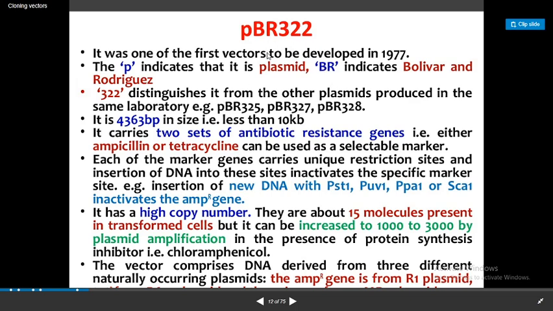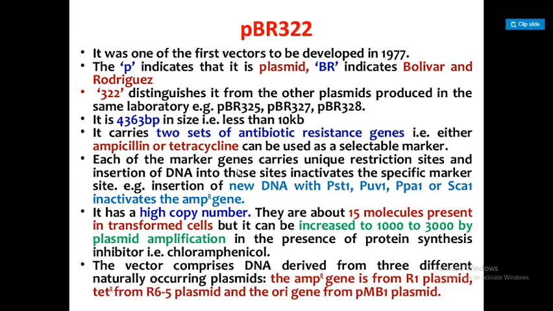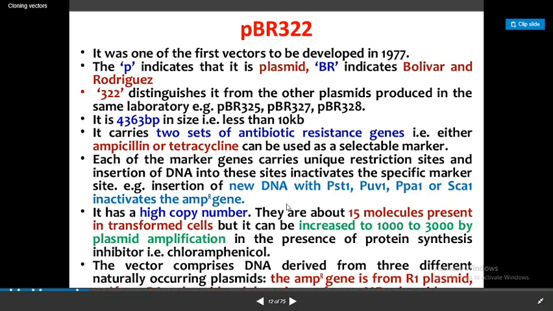In pBR322 there are two antibiotic resistance regions, called selectable markers, ampicillin and tetracycline. There are also restriction sites where molecular scissors can cut.